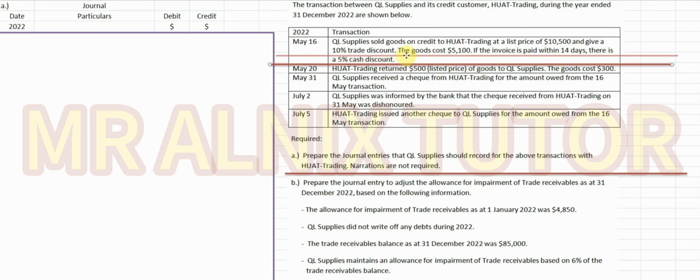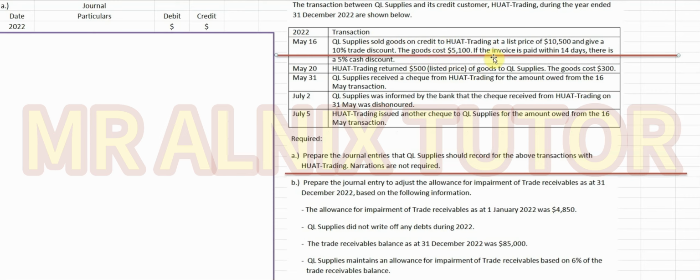Actually there are 2 parts here. The first part, before the full stop, do you see the full stop here? That means the first step talks about the goods sold to What Trading. The second part talks about the goods cost, which is linked to your cost of sales and inventory.